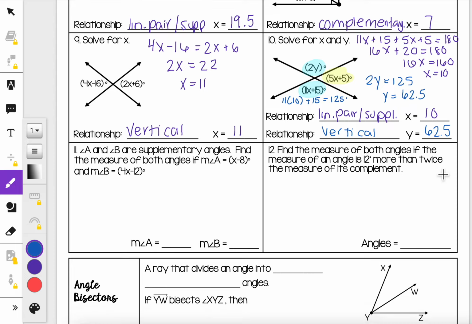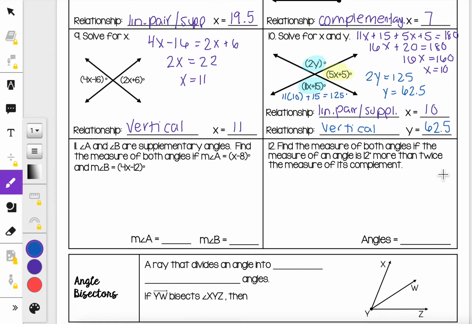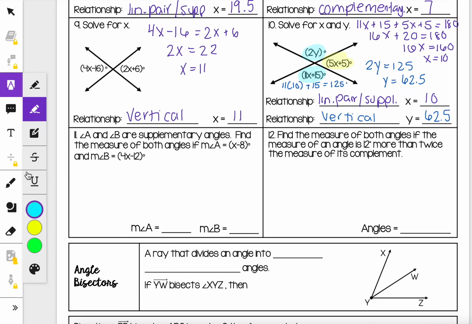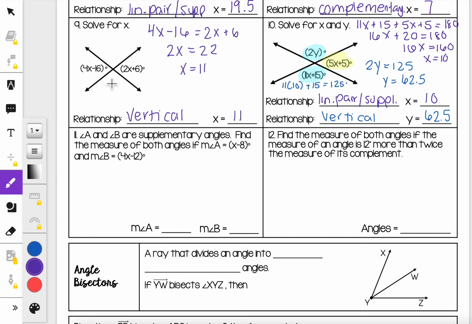Okay. Now for 11 and 12, I don't have a diagram. For number 11, it says angle A and angle B are supplementary angles. Find the measure of both angles if the measure of angle A is x minus 8 and the measure of angle B is 4x minus 12.